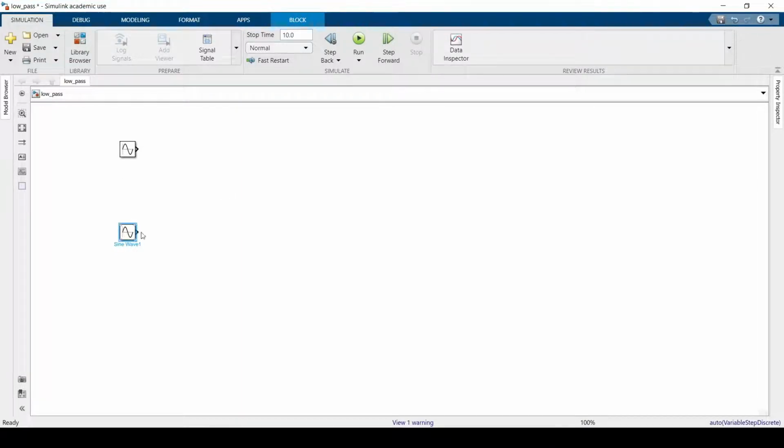Now we need to add these two signals. For that I am taking an adder. Okay, so this is the adder, and let's pass these two signals to the adder.